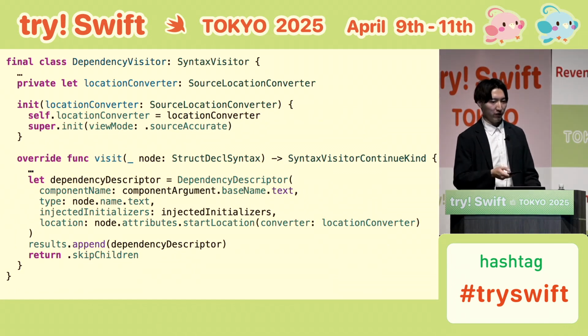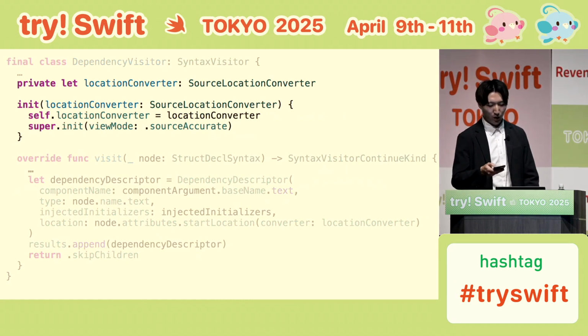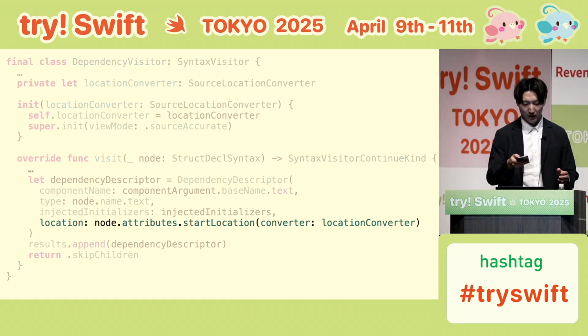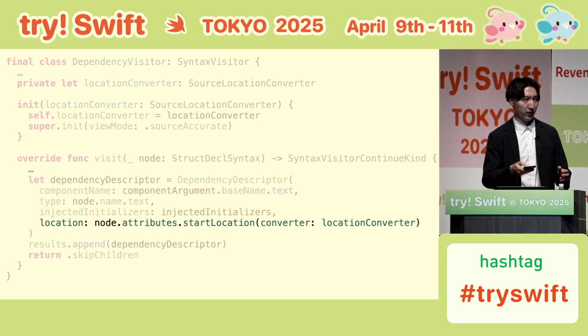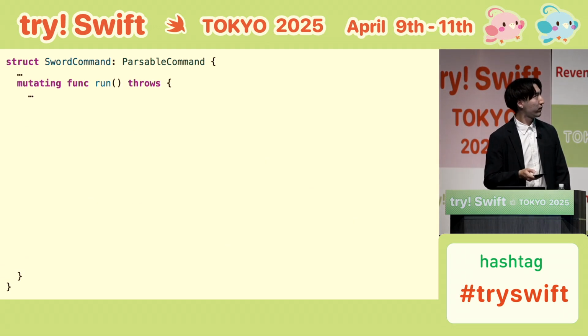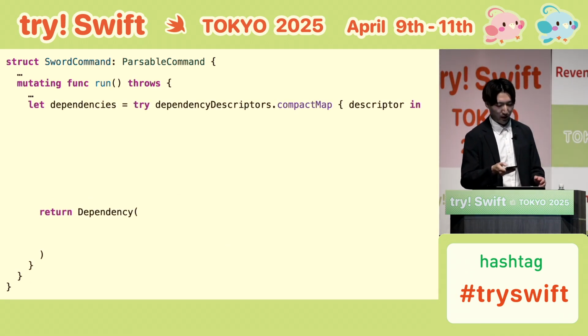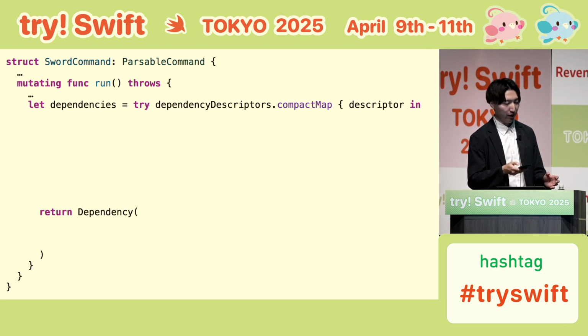Then, in our visitor, we store a SourceLocationConverter and use it to extract a source location from the relevant node. And back in the command, we write logic that validates the descriptor and transforms it into the normalized model.